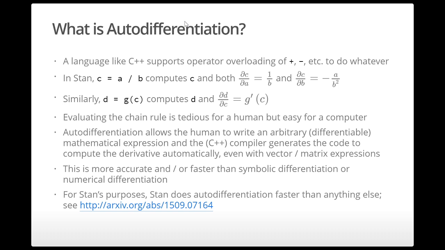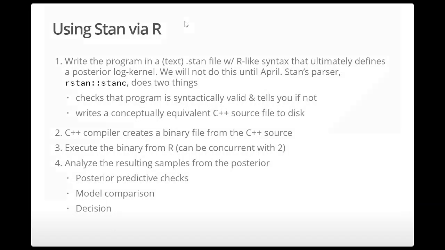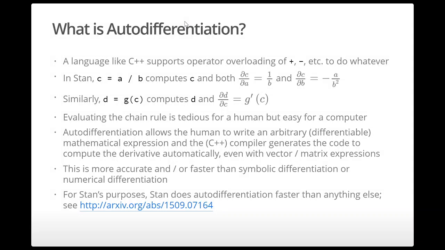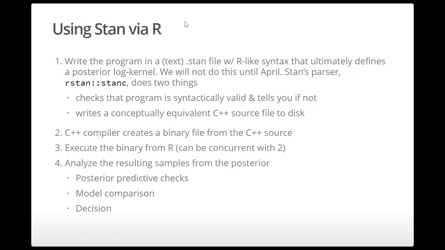You don't really have to worry about it unless you want to develop stuff. But basically, the auto-differentiation library in Stan is pretty much optimal for the task that Stan is mostly used for. TensorFlow by Google is another thing that is approximately as good, but not necessarily optimized for the same use cases, and there are some other ones out there.